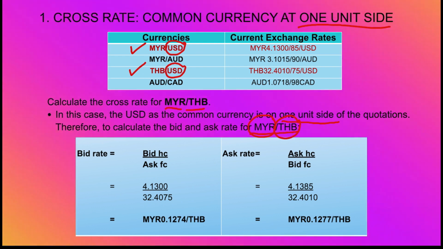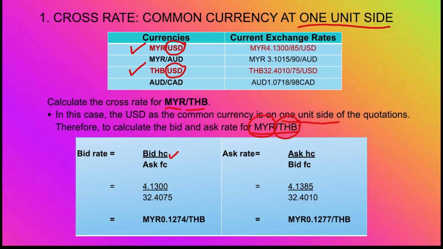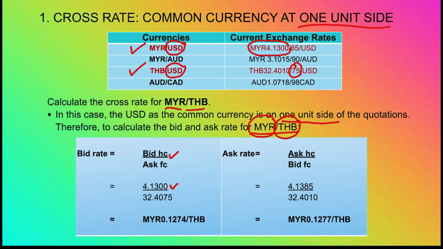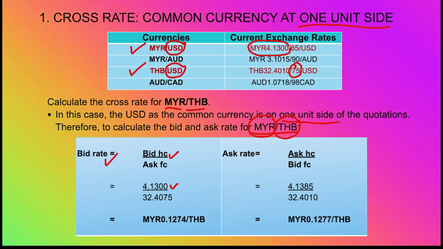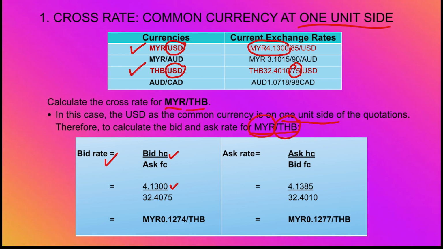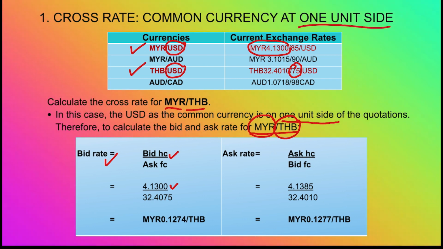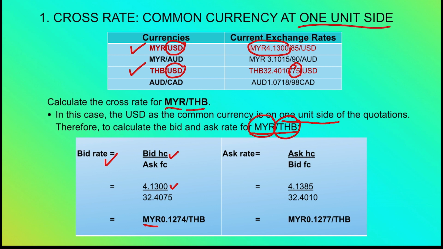So bid home currency 4.1300 divided by ask foreign currency 32.4075, you will get Malaysia Ringgit 0.1274 per Thai Baht. This is for the bid rate.